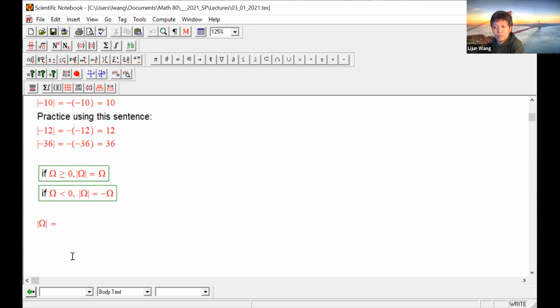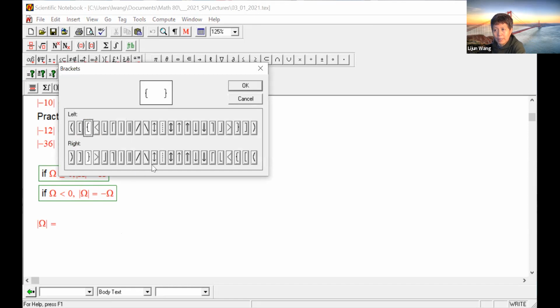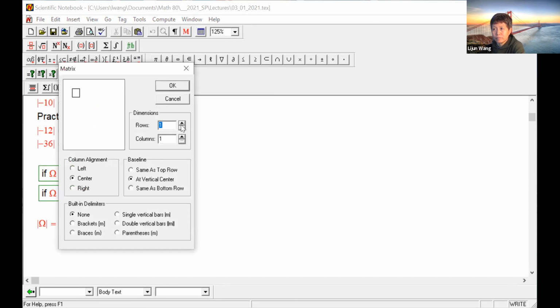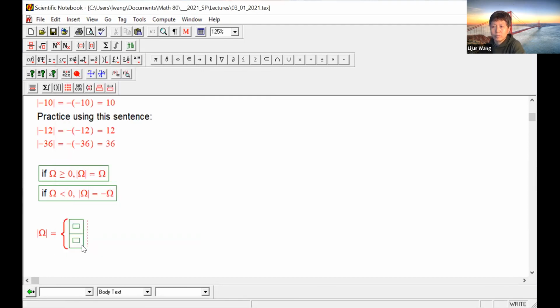Equals, there are two cases. These two cases will be marked. If this is the case, then the absolute value of omega is the same as omega.